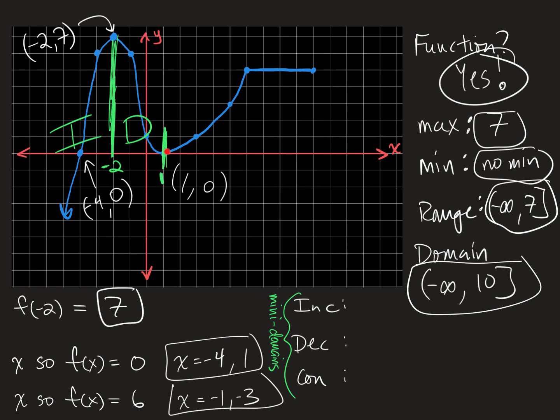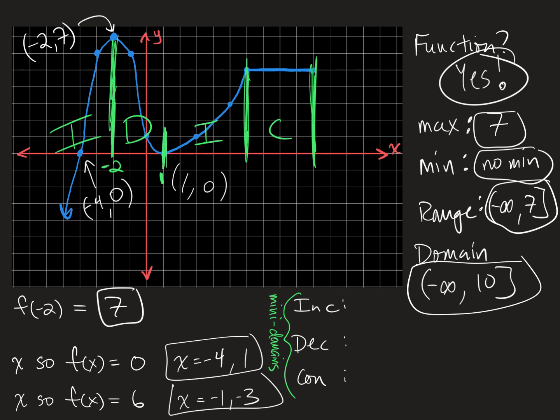Keep tracing. It stops decreasing. It's doing something else on the right side. So this is increasing, increasing, increasing until here. Draw a line down to the x-axis. This is increasing. And then after this, it's flat, flat, flat. So this is constant, and it stops being flat right there.